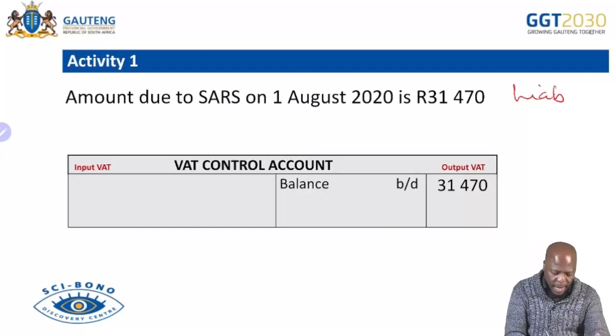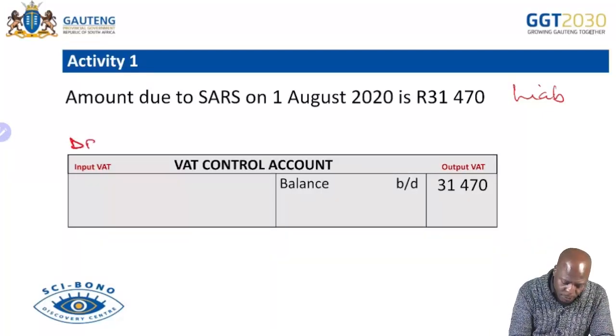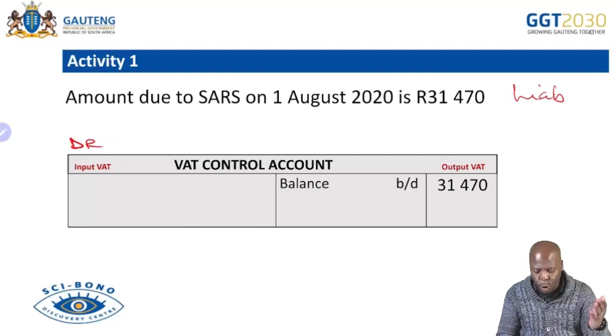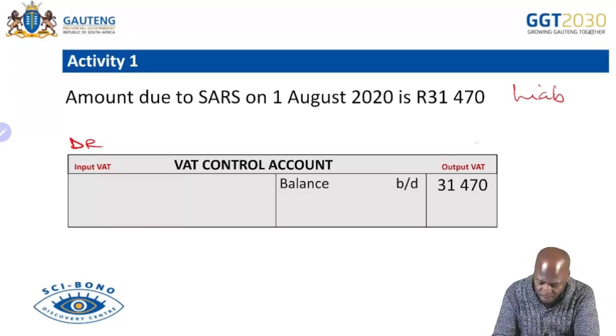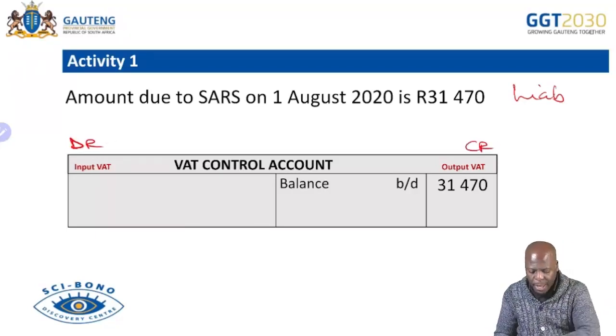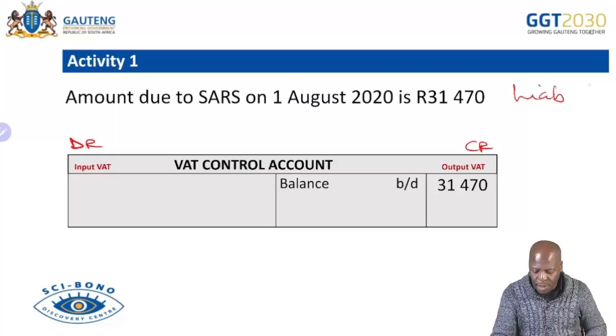On your debit side, you're going to have your input VAT, and on your credit side, you're going to have your output VAT. So the moment an amount is due to SARS, I'll consider it to be a liability owing to SARS. And I know my liabilities have a credit balance.